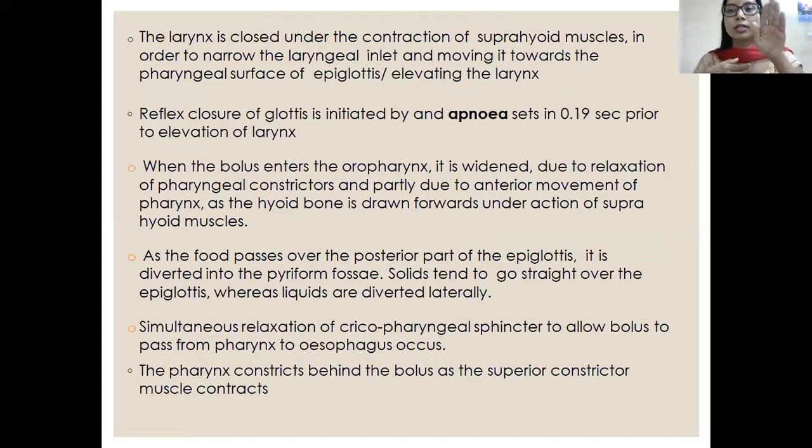If this is the epiglottis, the larynx is lifted up to come in contact with the pharyngeal surface of the epiglottis. The epiglottis is a thumb-like projection. If that is anterior, let's take this as posterior. This is the epiglottis, this is the larynx. The larynx is pulled up by the suprahyoid muscles so that the epiglottis can also cover the inlet of the larynx.